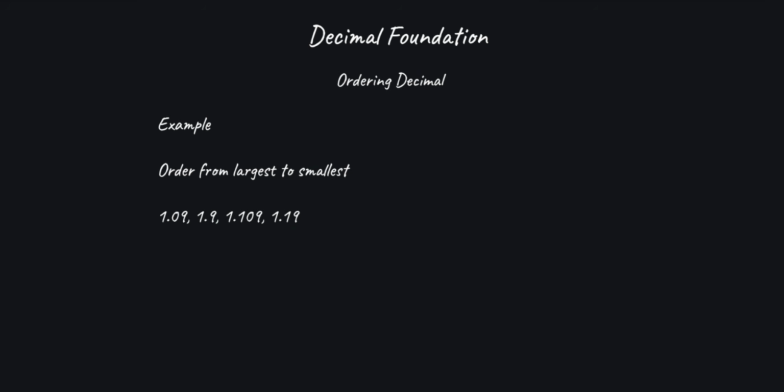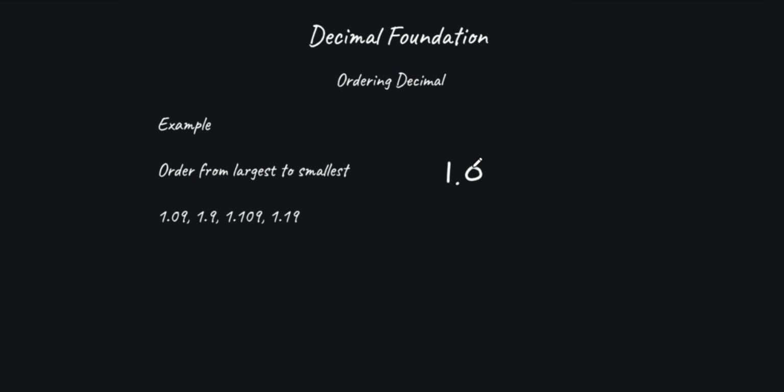Now here's a question. We're going to order these decimals from largest to smallest. So we're going from bigger to smaller. Let's first compare all of them. We're going to stack them up on top of each other, make sure they have the same number of decimal places, and then we can compare them.